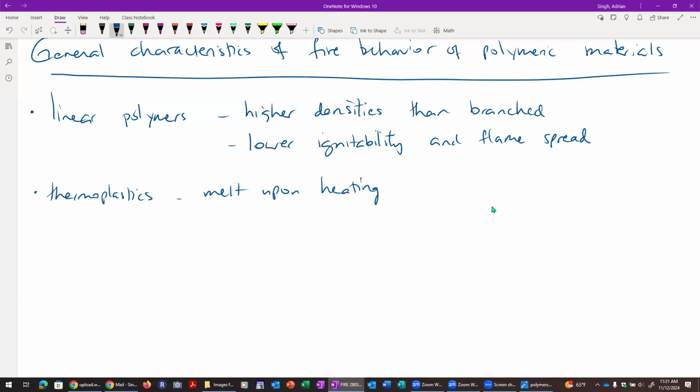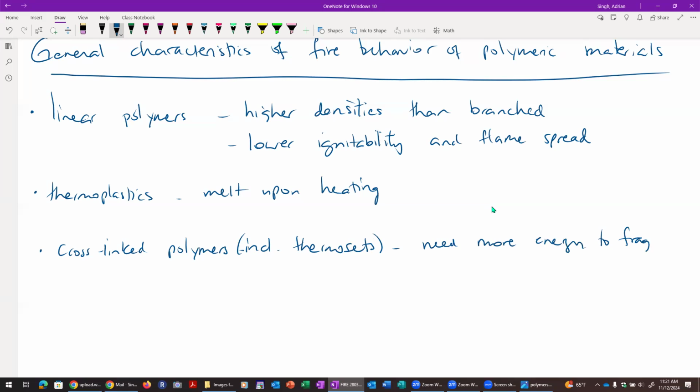We also said that cross-linked polymers, including thermosets, require more energy to fragment, to break apart into pieces when heated. And when heated, they irreversibly char.